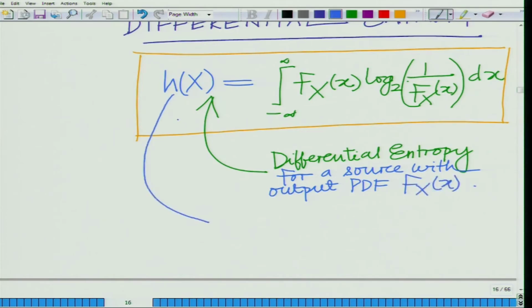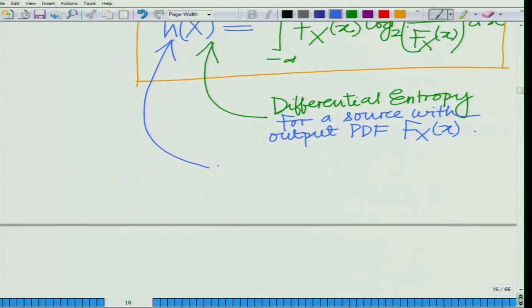And note that as against the entropy of a discrete source, this is represented using small h. This is something that you can note, as against the entropy of a source with a discrete alphabet.